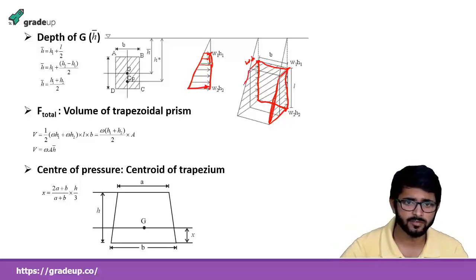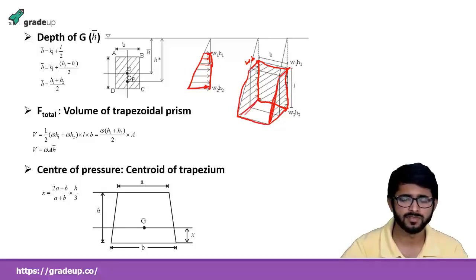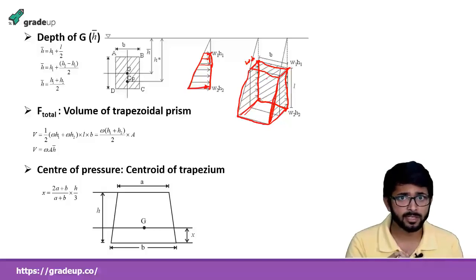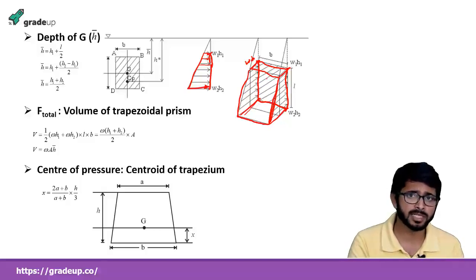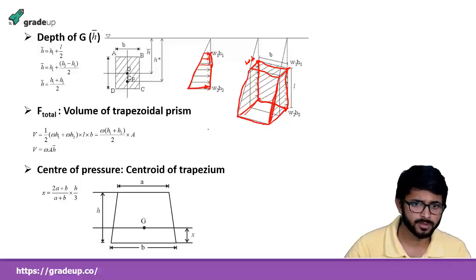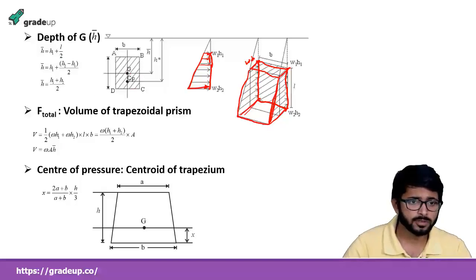So this will become a trapezoidal prism. If we can find the volume of this prism, we can find the resultant force. So the volume of the prism is the resultant force that is acting on the surface. Here, it is the resultant force. So the center of gravity of this body, how can we find it?